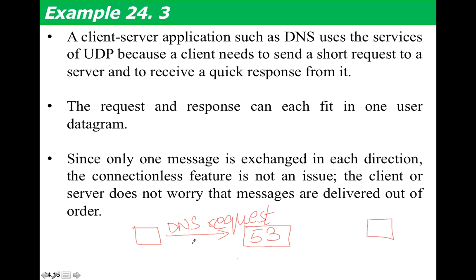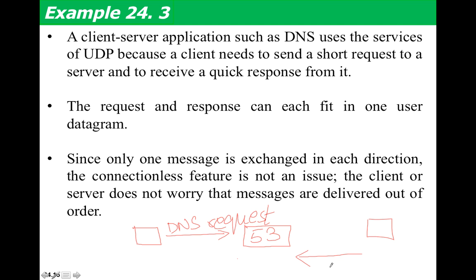In this case, the DNS request can be accommodated in one single packet, and the response that comes back from the server will also fit in one single packet. So we don't have to worry about fragments, or about joining packets to make one bigger packet.